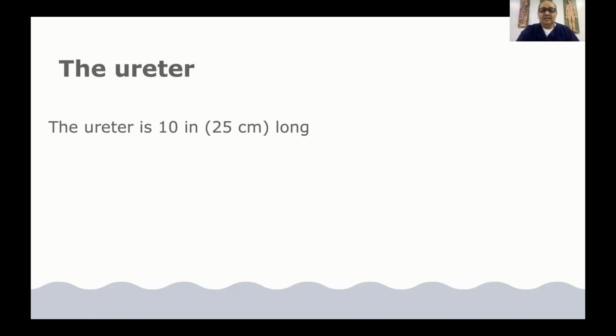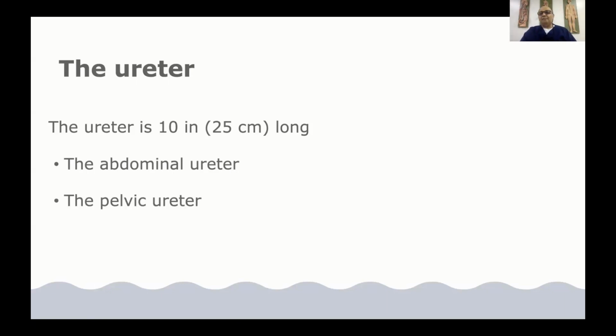So for our convenience, we divide it: the ureter has an abdominal part, a pelvic part, and an intravesical or intramural part. For better understanding, we say that way. The ureter is a drainage tube which carries whatever the kidney produces.